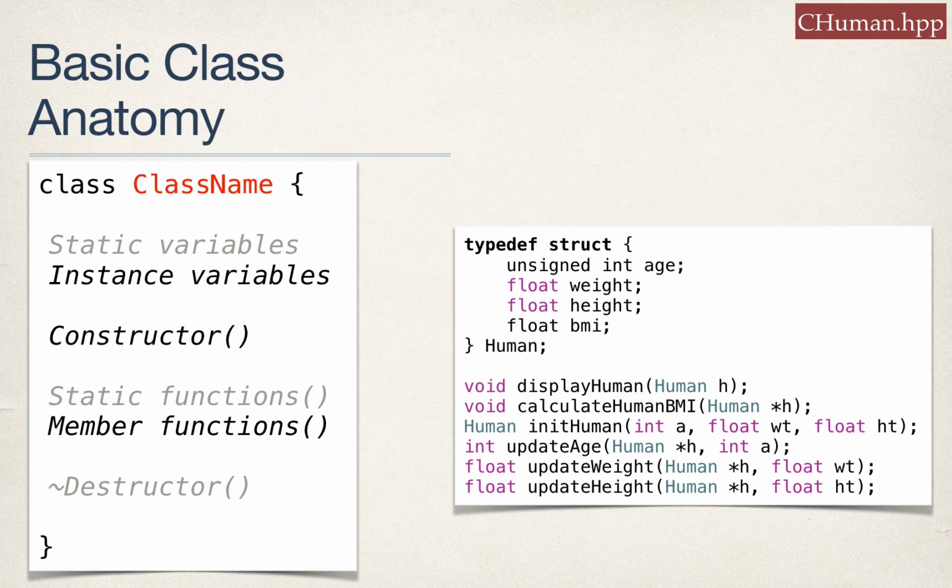Okay, so if we remember our BMI example, where we had a structure, we wrote this API, and you'll notice that we had to pass in a pointer to a type human, because these were just global functions, update weight, update height, of this human. Now I emphasize the word this, right?